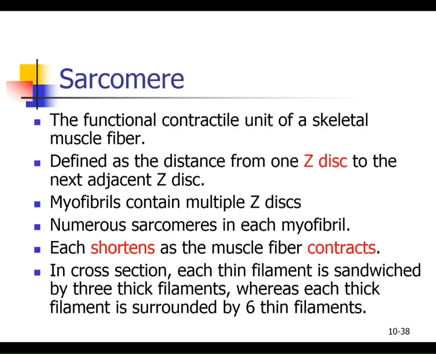Now, as they're sliding over each other, what's happening to my sarcomere? Got shorter, right? Now, don't forget that the myofibril would have thousands of these sarcomeres linked end to end. And as the signal comes in, all of them would shorten, and the whole muscle would contract and get shorter.